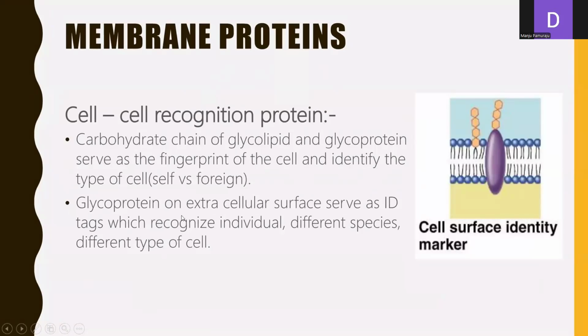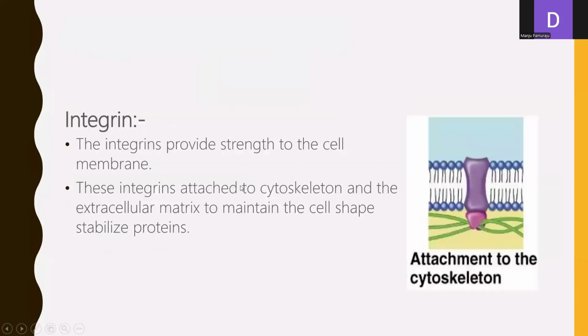So glycoproteins mainly help in recognition. Glycoproteins on the extracellular surface serve as ID tags which recognize individuals, different species and different types of cells. So some cells act as recognition, recognizing foreign materials and their own material.